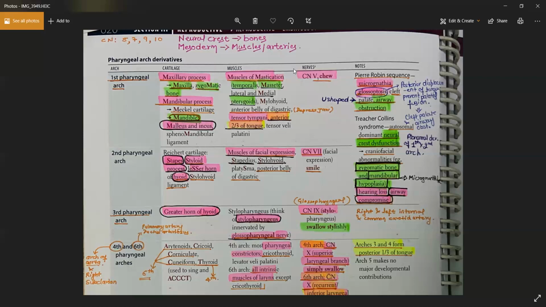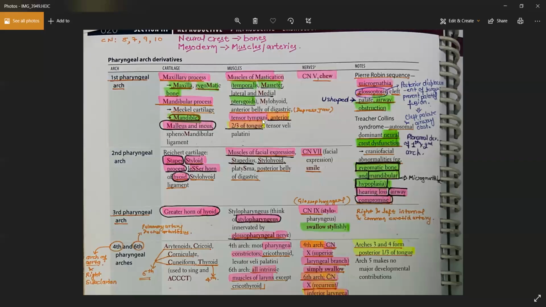For the muscles, I told you that this mandibular nerve takes part in chewing, and all the muscles of mastication are supplied by this nerve, right? So you can easily remember what muscles are going to derive from this first arch. These are the muscles of mastication: the temporalis, the medial pterygoid, lateral pterygoid, masseter.